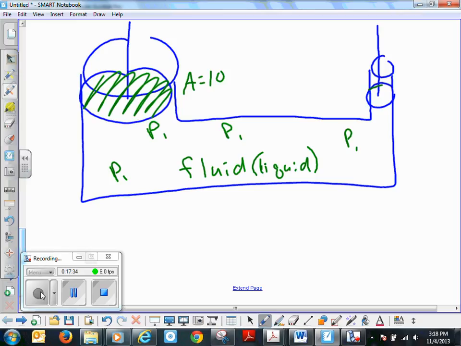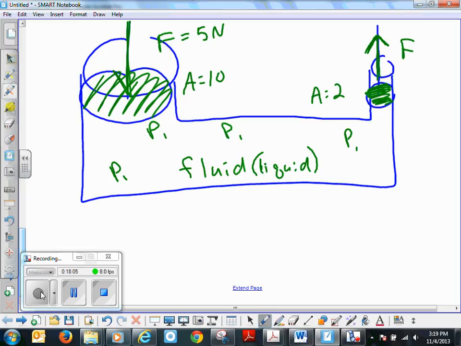Okay. We'll say that this area here is 2. Let's say that I push down with a force of 5 newtons. My question is, how much force do I get pushed out on here? Because if I push here, it's going to make that one go up, right? A lot more.